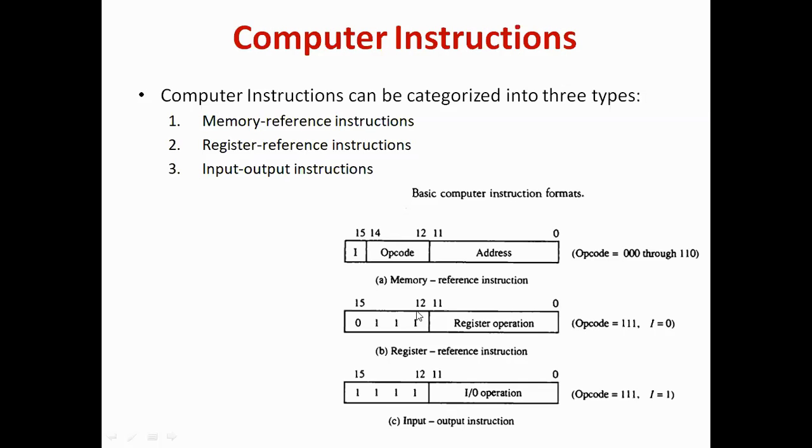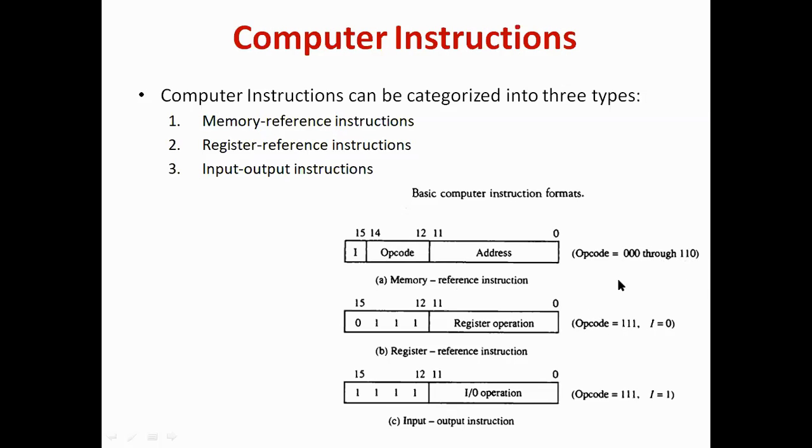So what will decide? If this opcode, the 12th, 13th and 14th bits, is in the range 000 to 110, then this is a memory reference instruction. And if it is outside this range, there is only one value, that is 111.